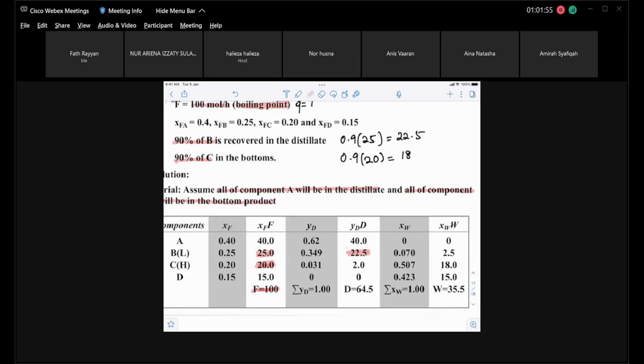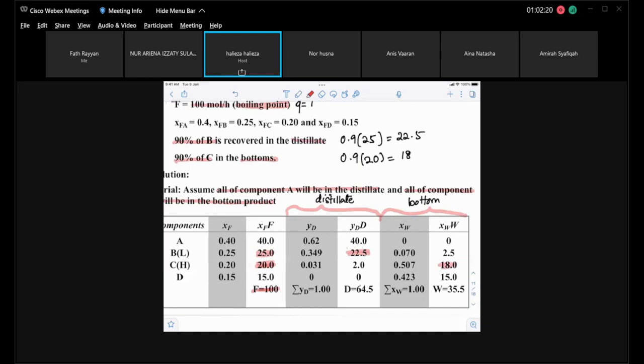Right, so where is that? That is going to be in the bottom. This is distillate. Over here you have your distillate, and over here you have your bottom. So your 18 is going to be here.